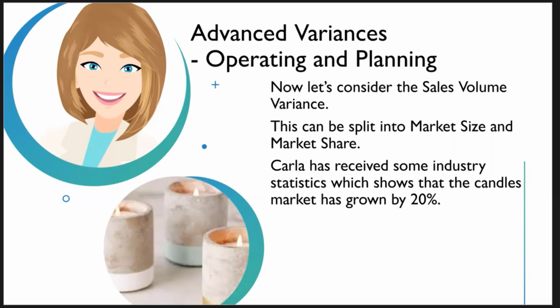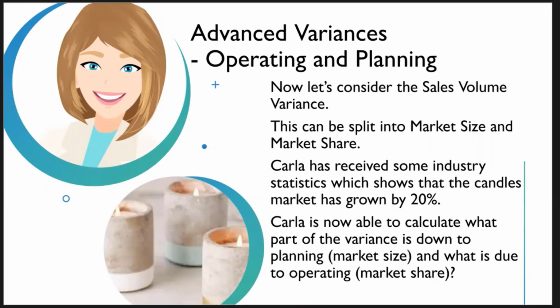We need to understand what effect that's had on that sales volume variance. So she's able to calculate the part of the variance, remember it was 5,000, which is down to planning, i.e. the market size, and what is due to operating, the market share. One is out of her control and the other one is in her control.